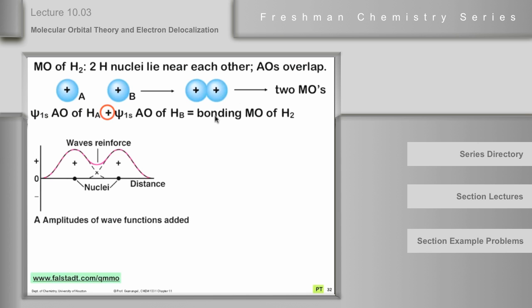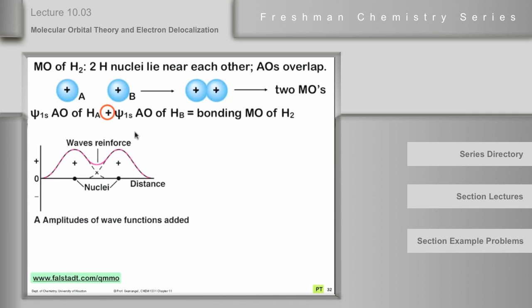Okay? That is called a bonding molecular orbital because the application of the positive sign causes there to be more electron density in the middle here where it does the most good than was the case for the two isolated atoms. And in the end, that makes the bonding molecular orbital lower in energy than either one of the atomic orbitals, which I'll show you in a minute when you get to the energy level diagram.